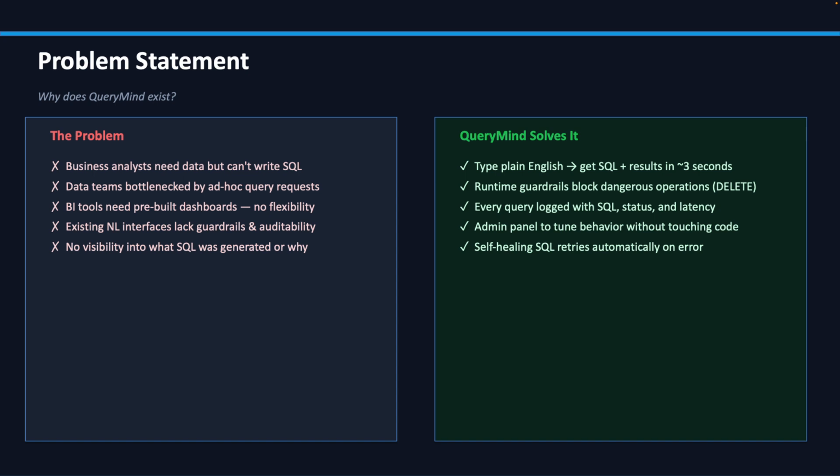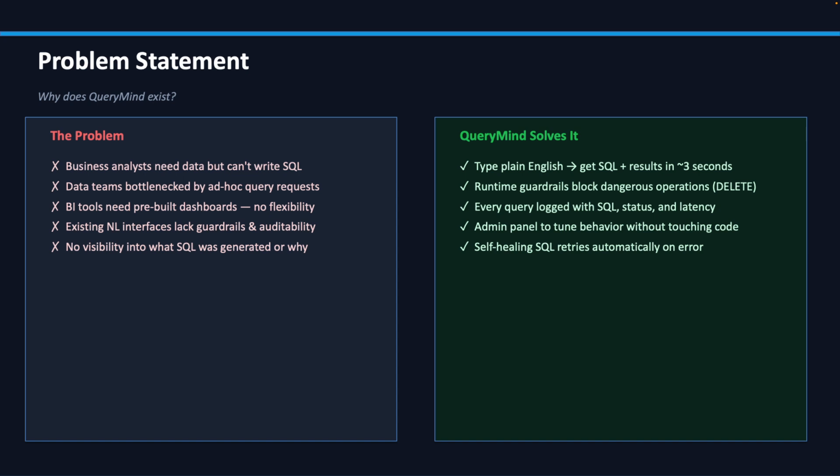Traditional BI tools like Tableau require pre-built dashboards. They're not flexible for open-ended questions, and the existing natural language interfaces lack guardrails. You can't just let users run arbitrary SQL against production data without any controls. QueryMind solves all of this.